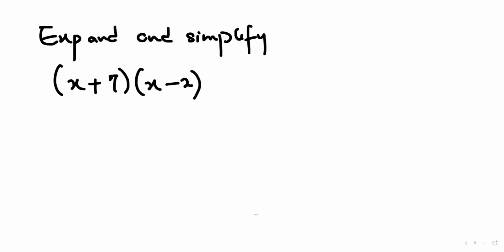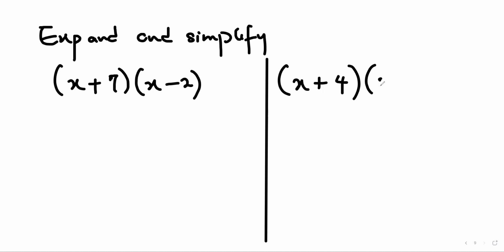And then we have the next question just by the side of it. Another one, in the bracket x plus 4, and in the bracket here, x minus 3. All right, take this question.